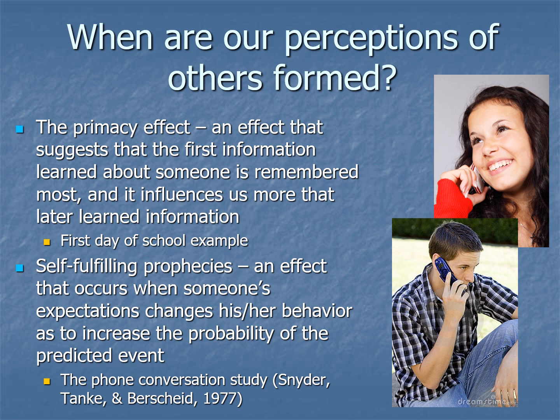It was a study done by three researchers named Snyder, Tanke, and Berscheid, where they invited college students to come and participate in what they called a phone conversation study. They told these students that they were going to come into a room, talk on a phone with some random person they had never met, and the researchers were just going to record the back and forth dynamics of these conversations.